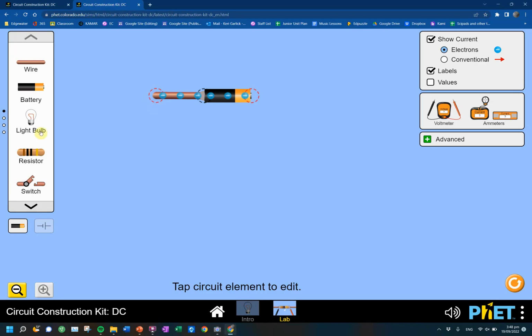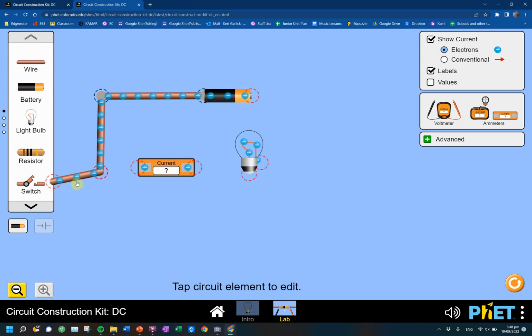So I want to go ammeter, which is this guy here, light bulb, and I want to measure current. I'm just going to make that a little bit longer so that my ammeter is not on the edge.